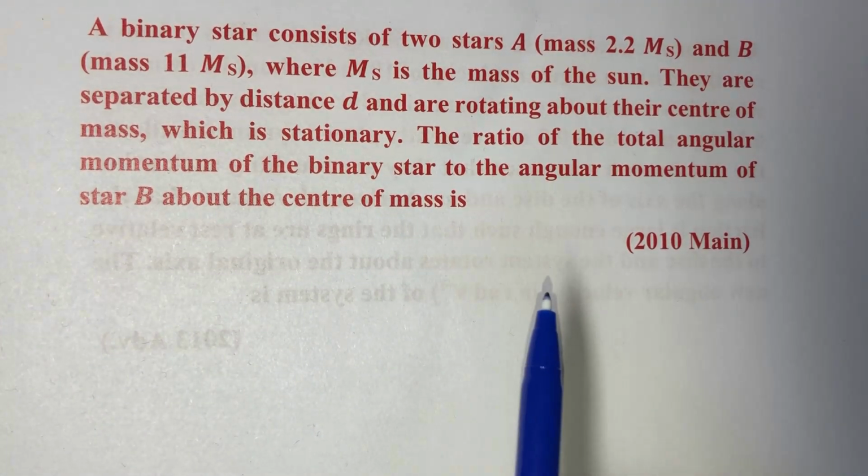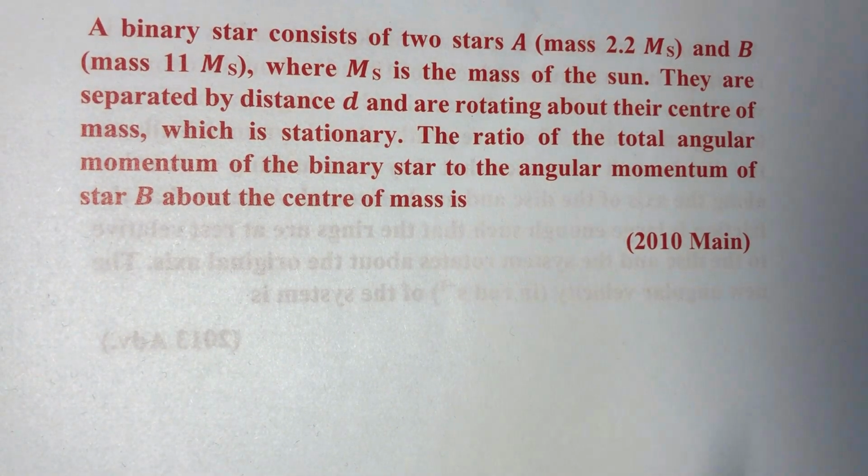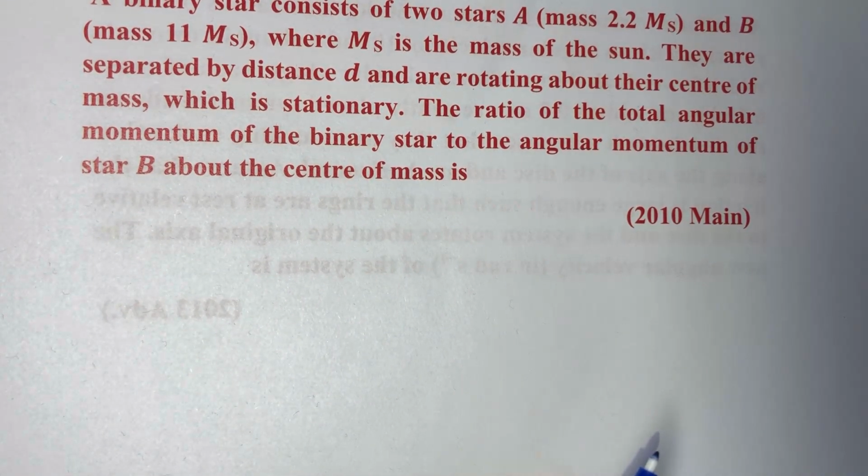center of mass is. So we are given two stars A and B, and respectively they are rotating about their center of mass.